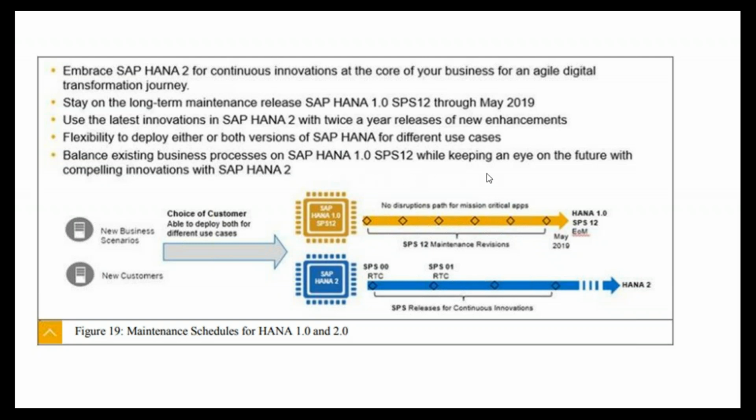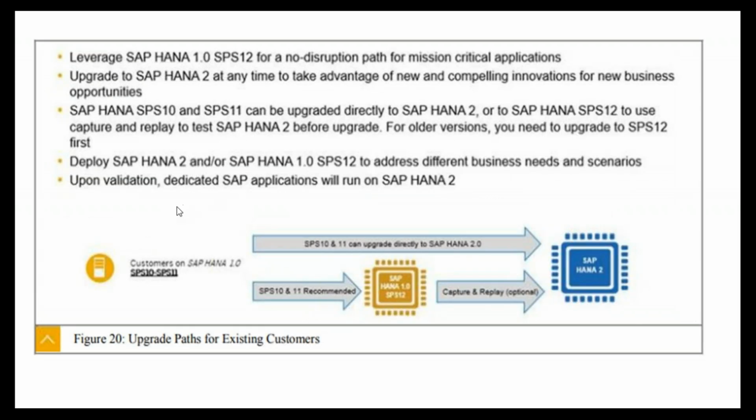And HANA 1.0 Service Pack 12, while keeping an eye on the future of the compelling innovations. So leverage HANA 1.0 Service Pack 12 for a no disruption path for mission critical applications. Upgrade to HANA 2.0 at any time to take advantage of new compelling innovations and new business opportunities.